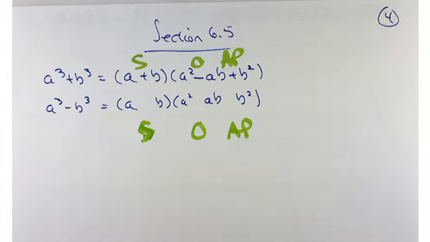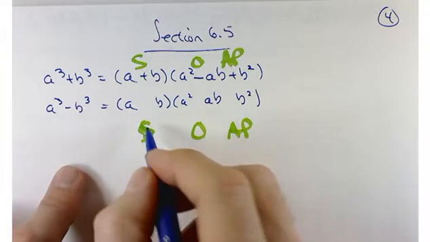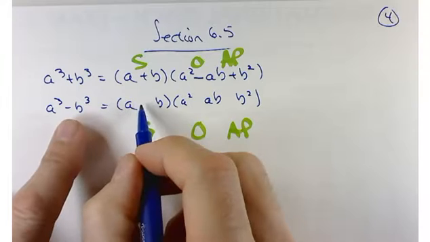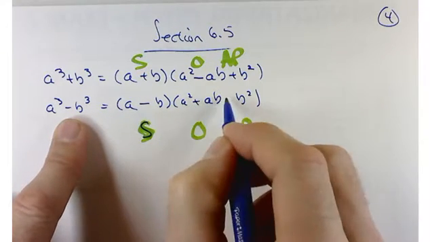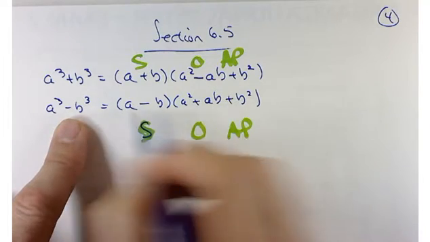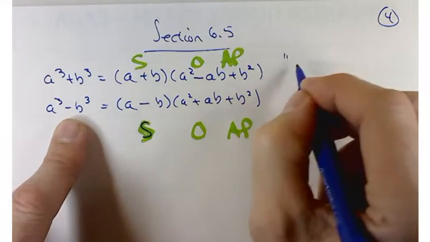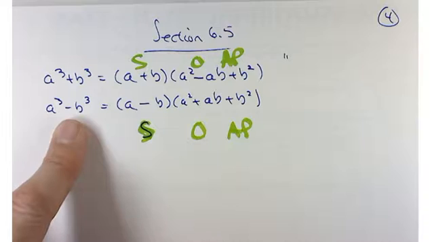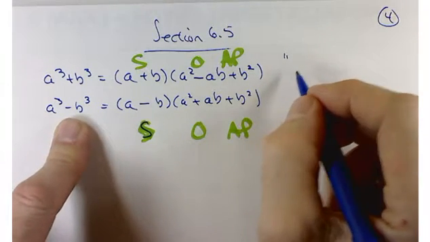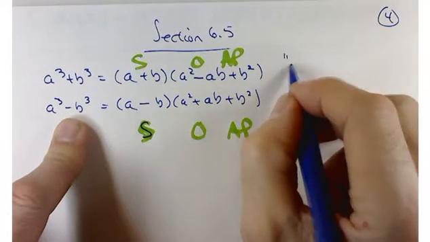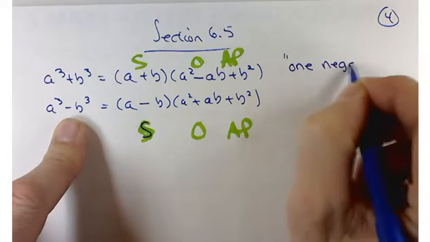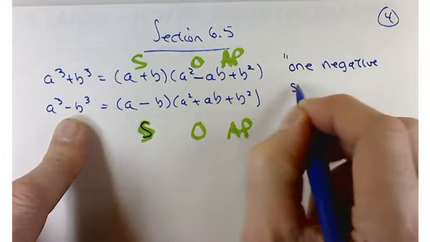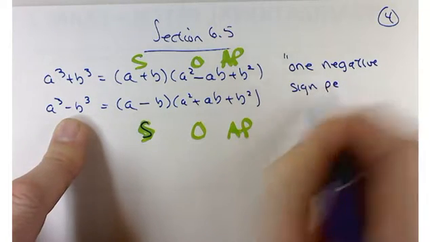So, George, what would they be? Good. So minus, plus, and plus. One other thing that can help you out with the signs, and it saves me from making mistakes many times, is one negative sign per customer.